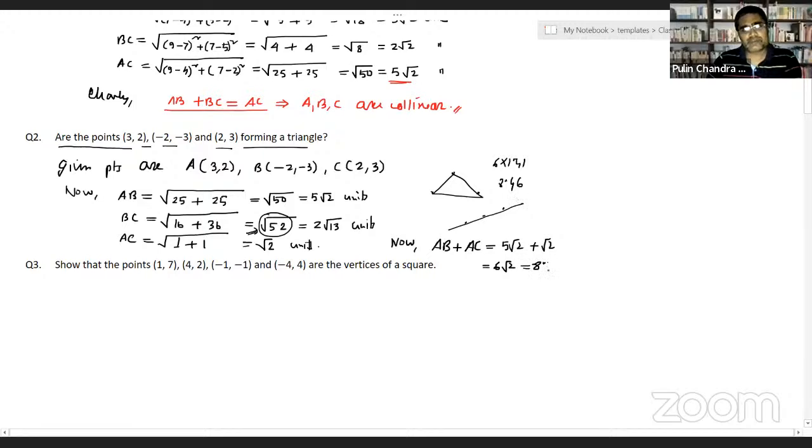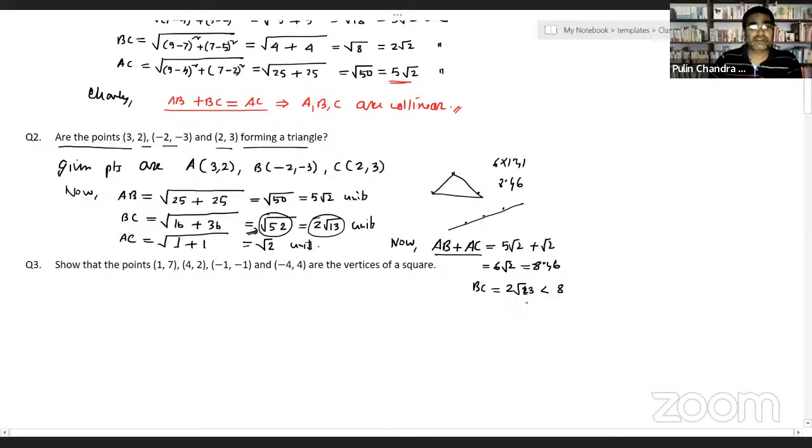So around 8.46 is the value of this sum. Now just check that this is greater than 2 root 13, which is BC. Very easily you can identify that 2 root 13 is obviously less than 8.